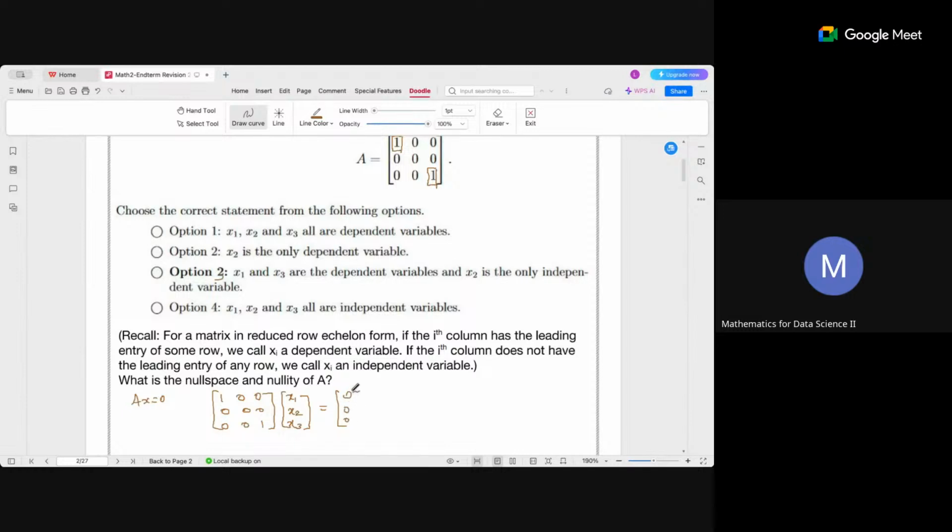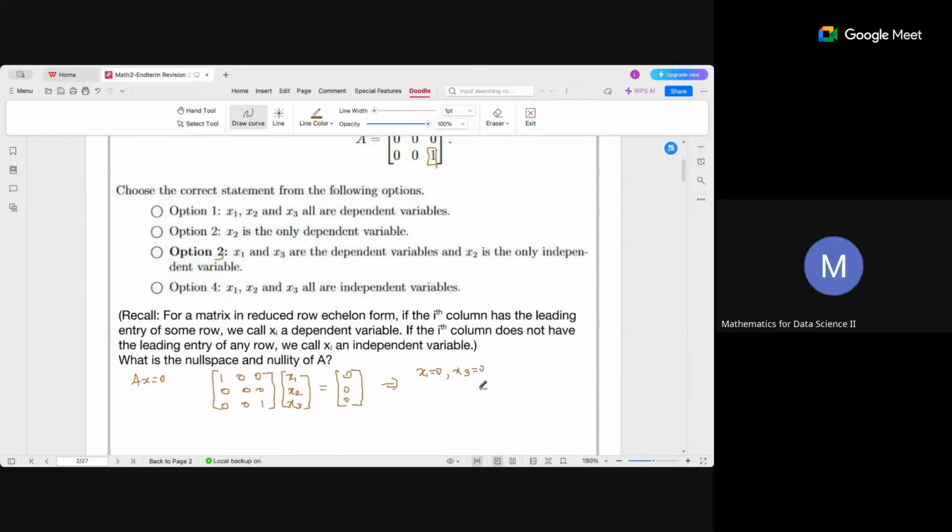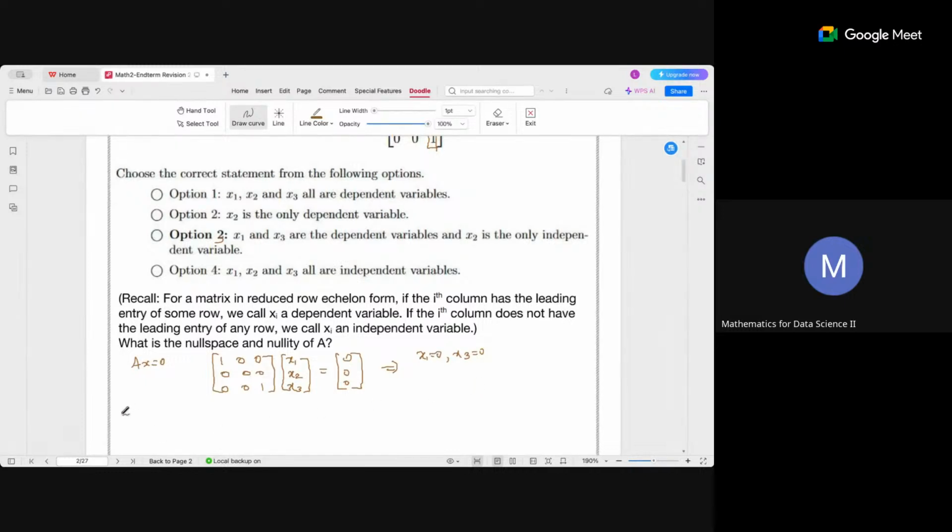This gives you x1 is equal to 0 and x3 is equal to 0. So what do you get as the null space of A? The null space of A is the set of all vectors (0, x2, 0) such that x2 is in R. So this is the null space of A.